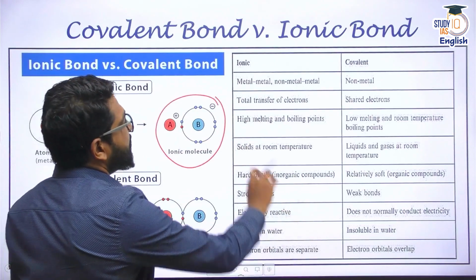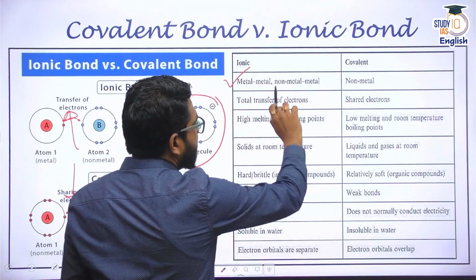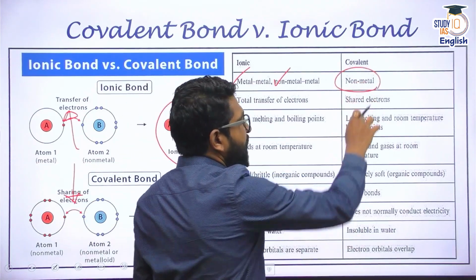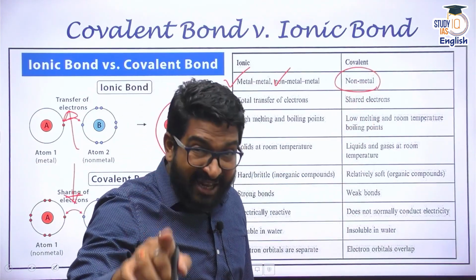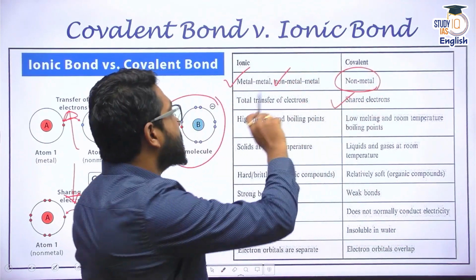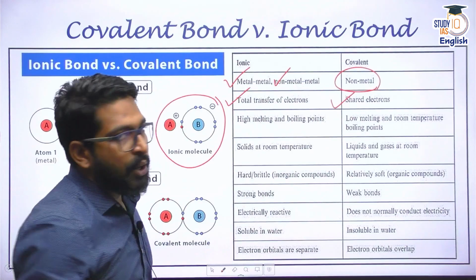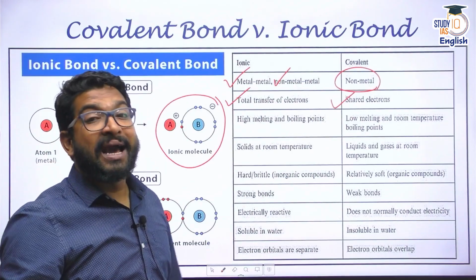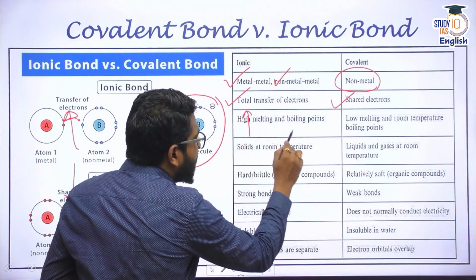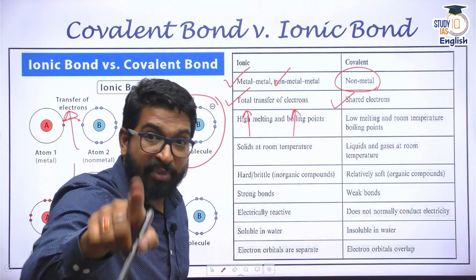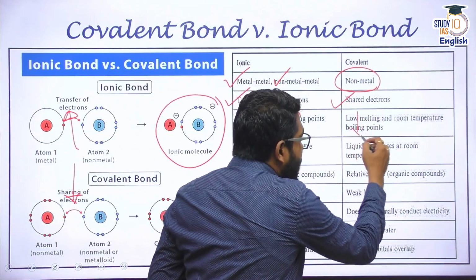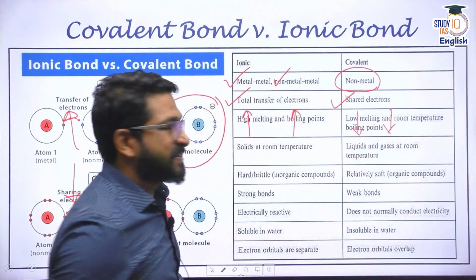Ionic bond is normally found between a metal and a metal, or a metal and a non-metal, but covalent bond is generally found between non-metals. Shared electrons lead to covalent bonds. Transfer of electrons leads to ionic bonds. We have already discussed that ionic compounds like sodium chloride have very high melting point and very high boiling point. But covalently bonded compounds have low boiling point and low melting point.